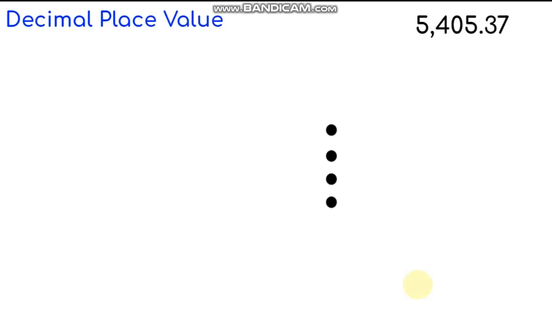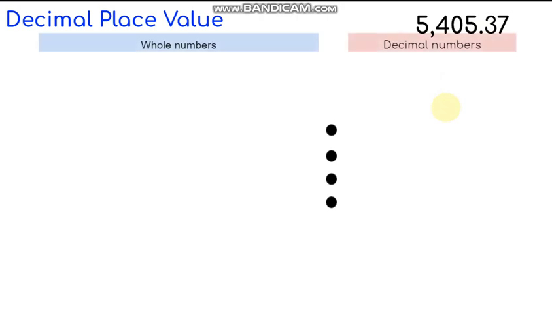Okay, it goes bigger, which is 5,000. Remember here, the separator: if it's telling about value, you can use a comma. But if it's the decimal point separator, put a period here. 5,405 and 67 hundredths.